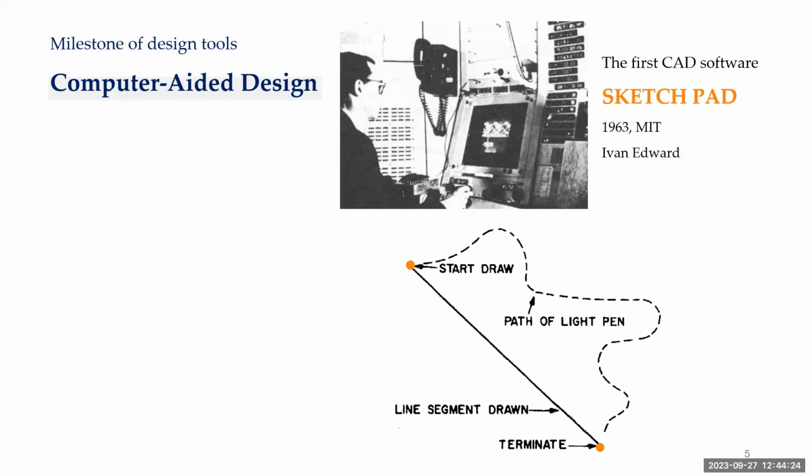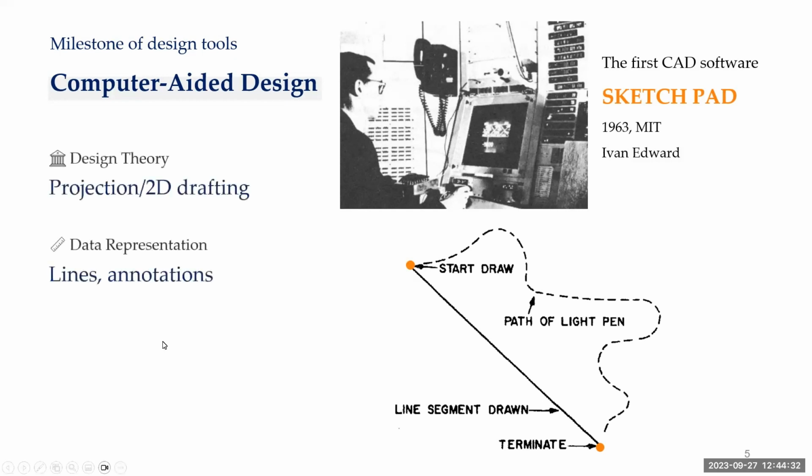You need to draw the start point and the end point. Then the computer can generate the line segment directly. This is still using 2D drafting as a design theory. It still uses lines and annotations to represent the data. However, it starts to use digital files to store your drawings instead of papers, which is much more convenient.